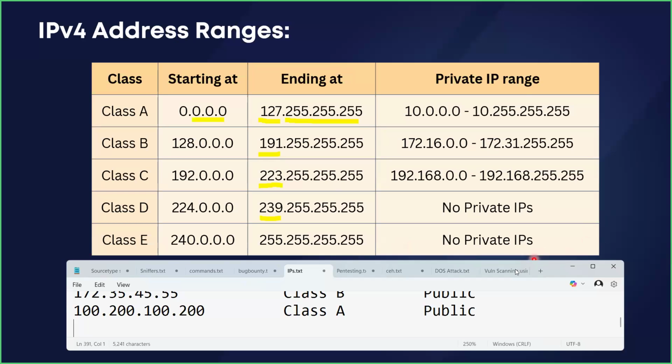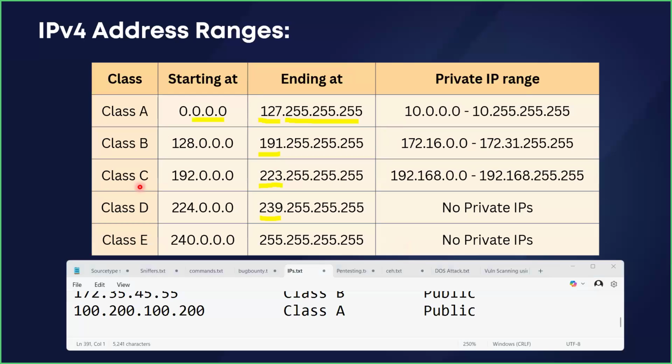And this is quite important because in the upcoming sessions, when we work with logs, various device logs or your firewall logs, or when you perform network analysis or packet analysis using tools like Wireshark, you'll be seeing a lot of IP addresses there. So as soon as you look at an IP, it's very important to distinguish whether it's a public IP or a private IP and which class it belongs to.